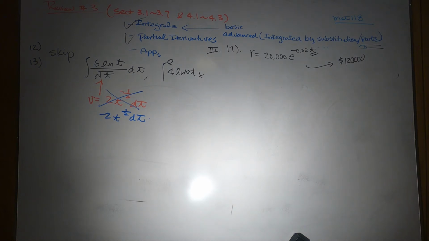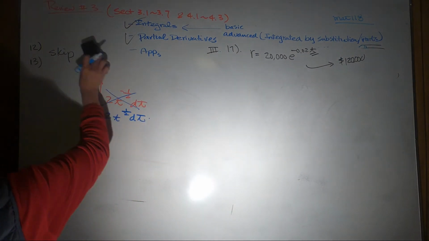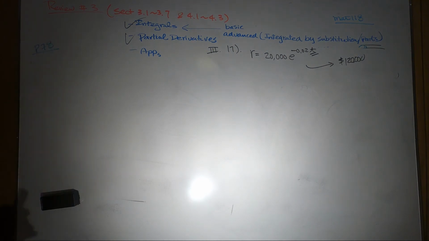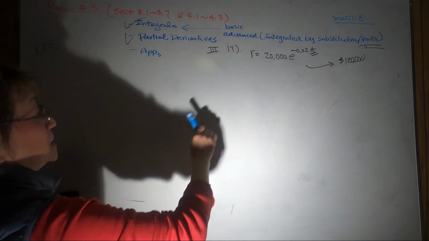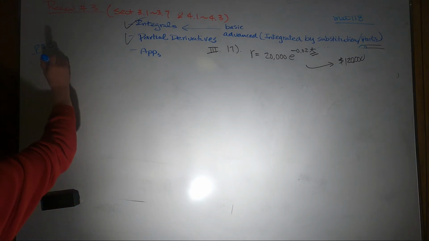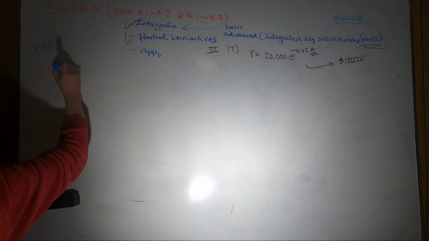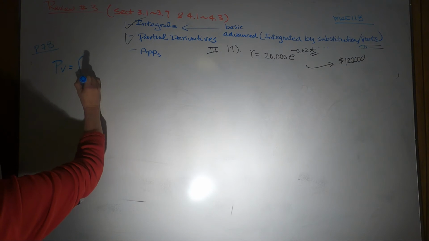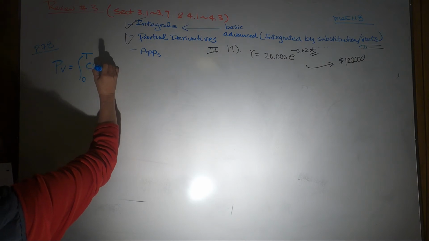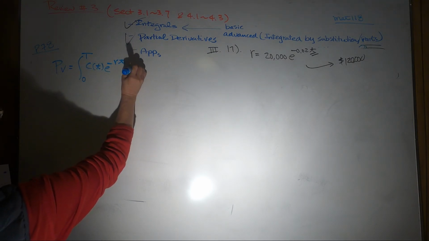All right. So you look at the page 78. So continuous stream of income, because the rate is continuous, right? So we use continuous stream of income. So your total present value equals the integral from 0 to T of Ct e to the negative RT dt, right?